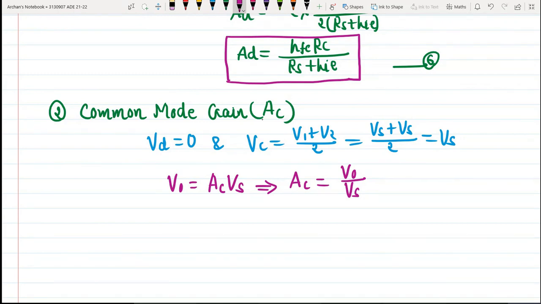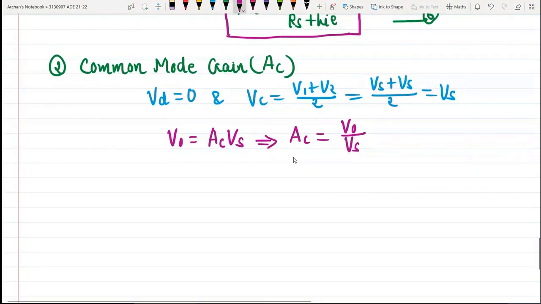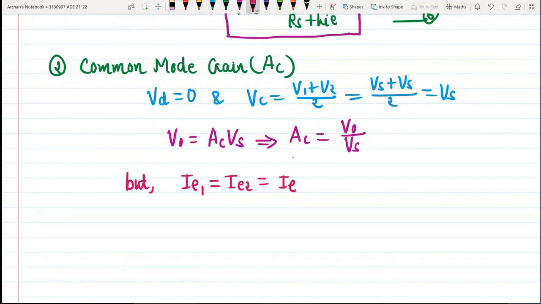So what will happen? There will be a value of emitter current. In the previous case emitter current was not there, but now you need to consider the value of emitter current. We have emitter current IE1 which is equal to the emitter current of transistor 2, and let us take it as IE. This amount of current is flowing through resistance RE in the same direction.